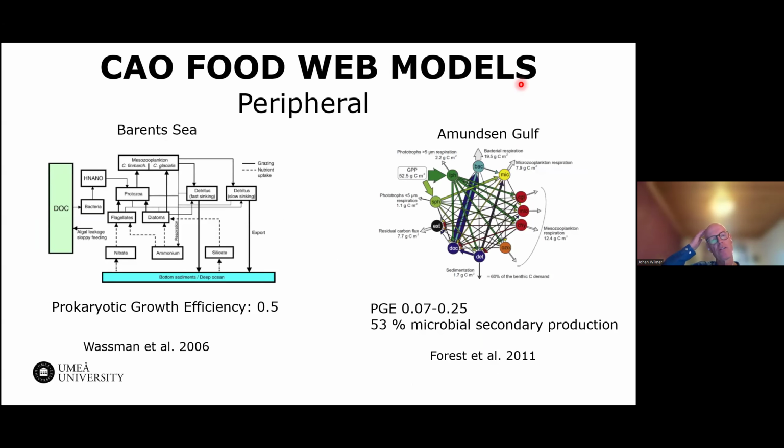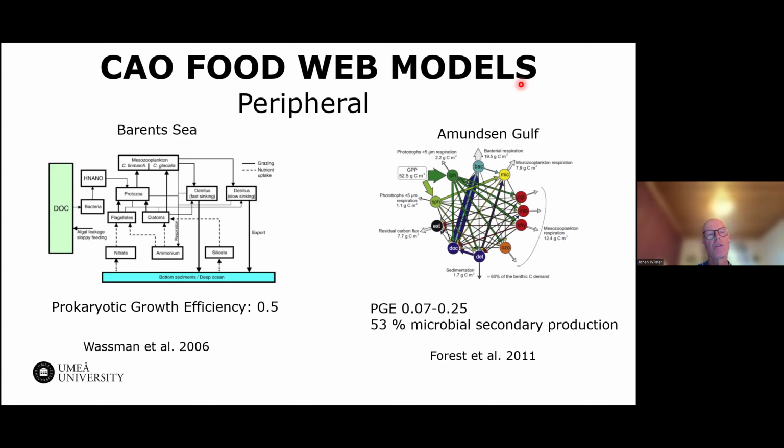Well, the basis for this is to try to contribute to improve the model we have of the carbon cycling of the Arctic Ocean. There are a couple of efforts that have developed good models for this, but they are focused on more specific parts of the Arctic Ocean, specific sea areas. And also, we think the growth efficiency estimates are not too well constrained.